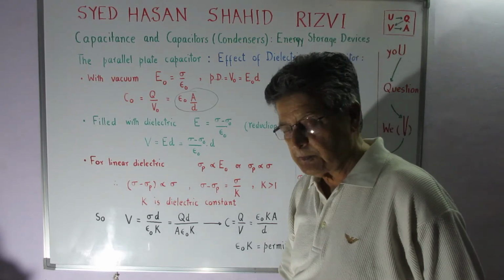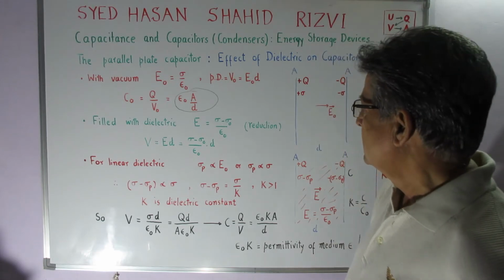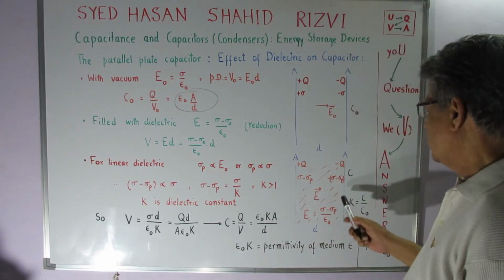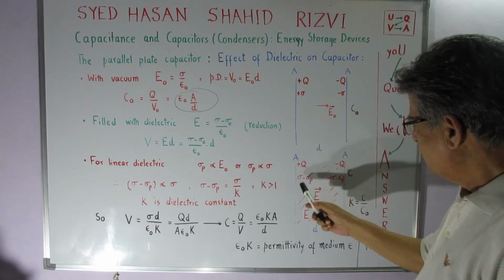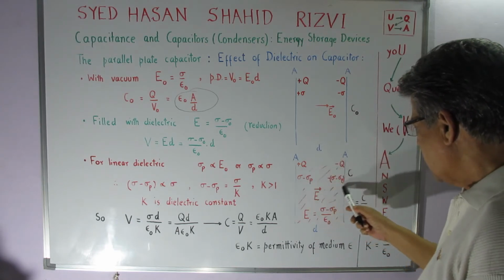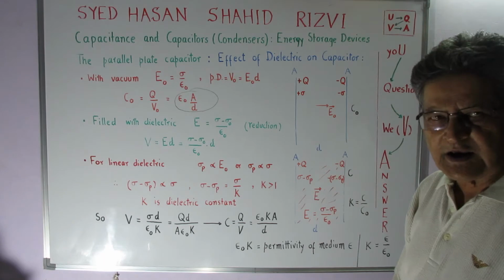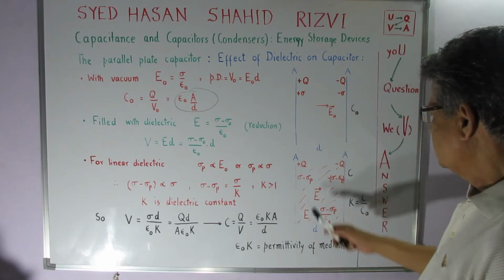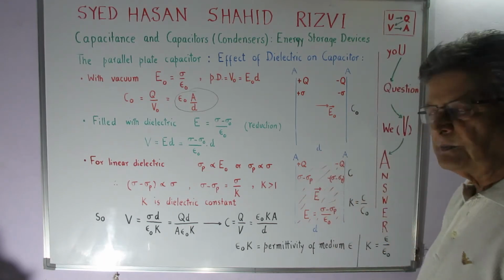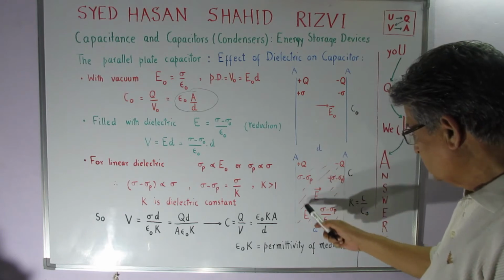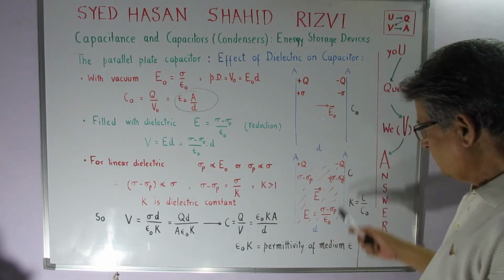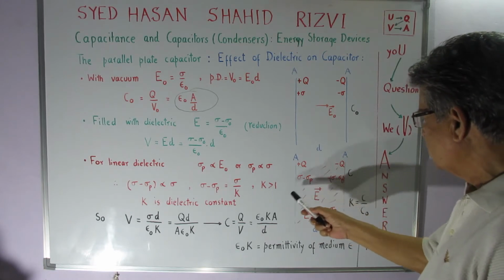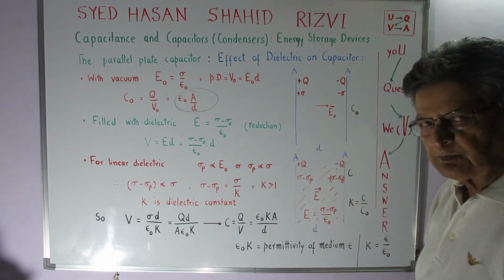But as I told you, there is a polarization. And the effect of the polarization is that the sigma value is reduced, and so it reduces the electric field. And when the electric field is reduced, then the potential difference will also be reduced.